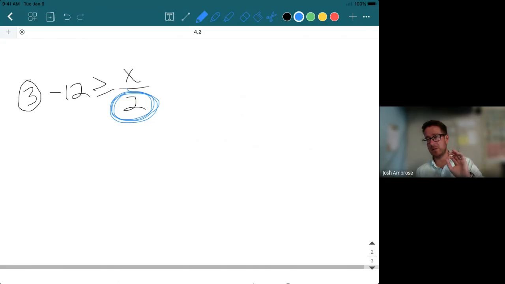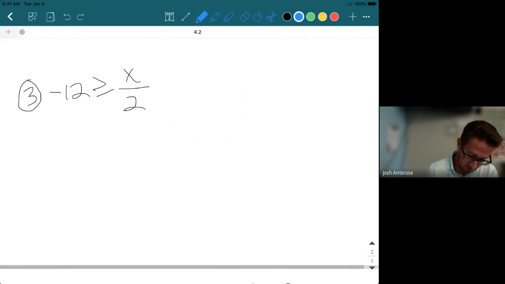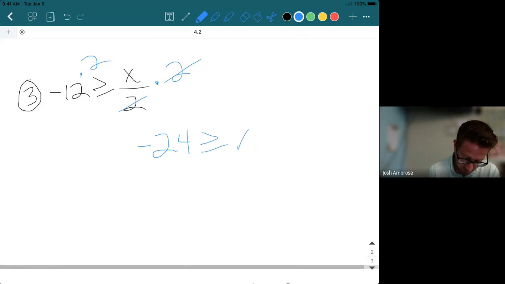See the 2, it's a positive. Keep the inequality. Now, how do I get rid of that 2? By multiplying both sides by 2. I cross that out, I cross that out. Now -12 times 2 makes -24, greater than or equal to x.